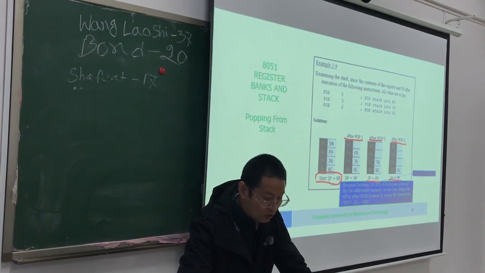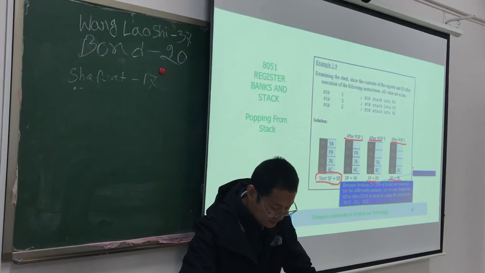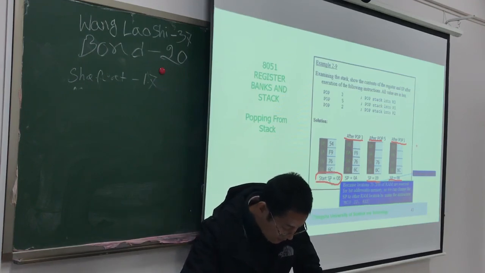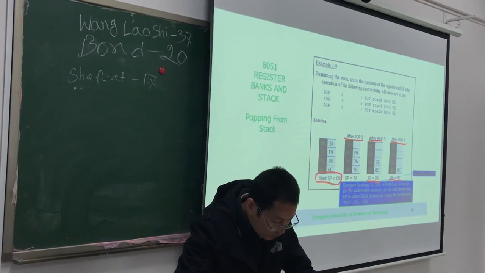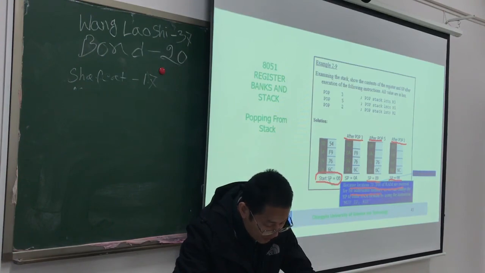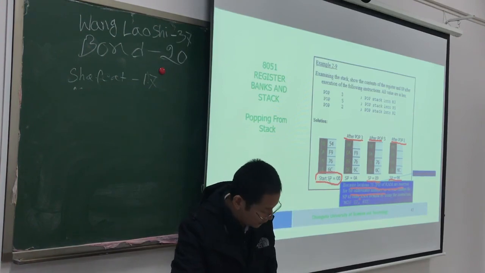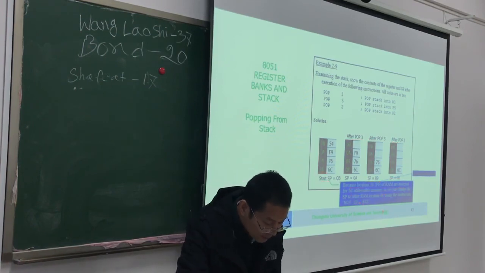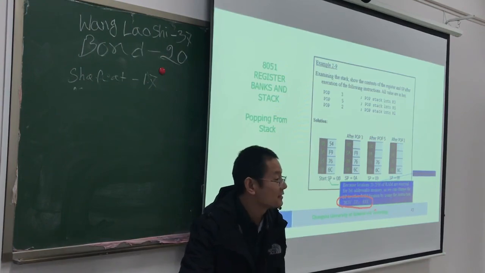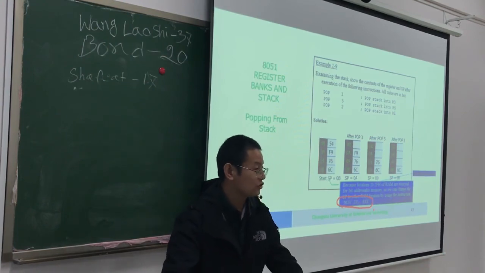Because location 2FH of RAM is reserved for bit addressable memory, we can change this SP to another location using the instruction MOV SP, #XX, any location you want.